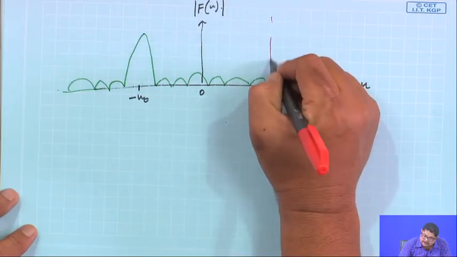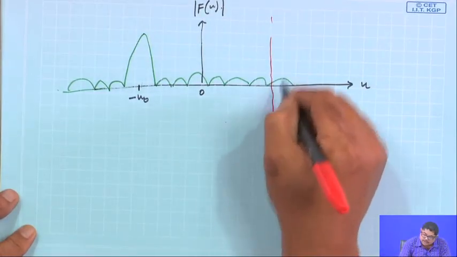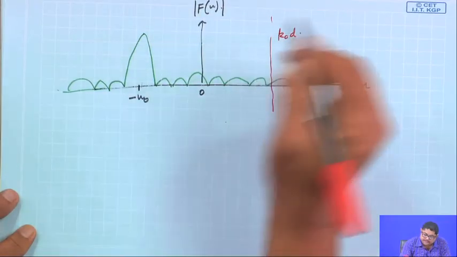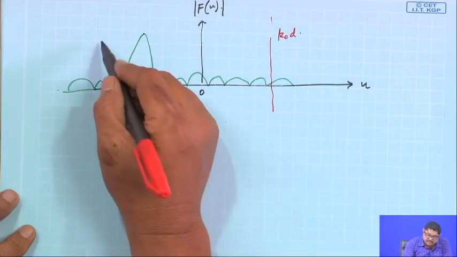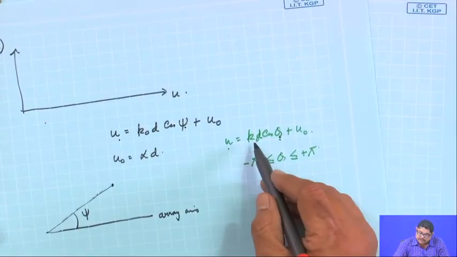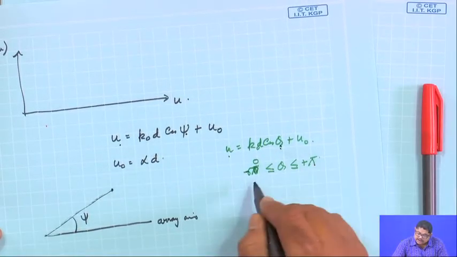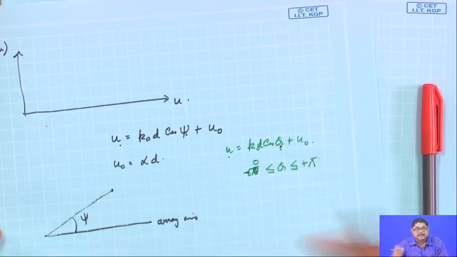First, in this pattern I will have to locate that. Arbitrarily, this value is then k naught d. In our coordinate system theta is 0 to pi and phi is 0 to 2 pi.